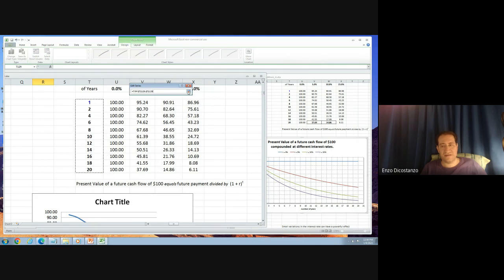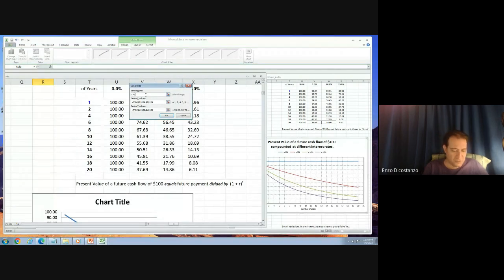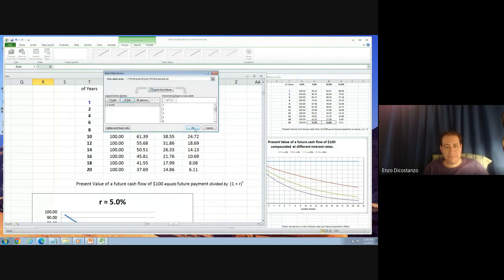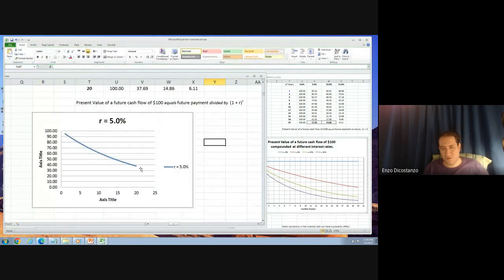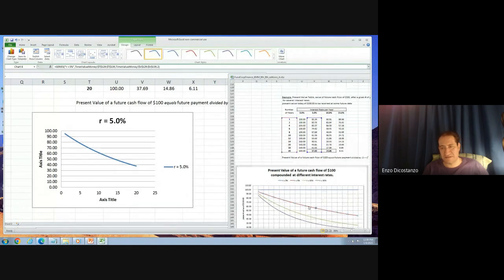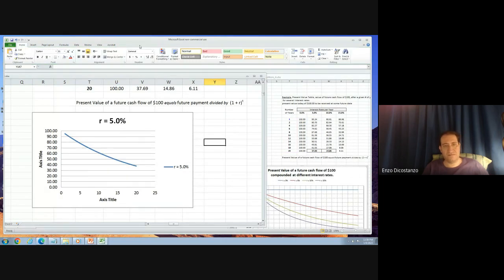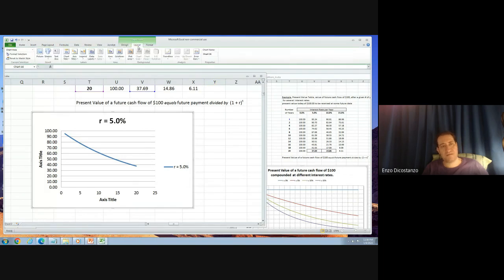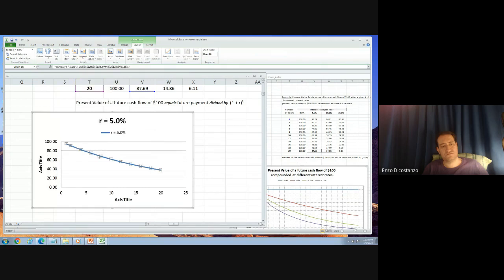X is there, and this is R equals 5.0%, right? Yeah, a little more. And what did these guys do with this? That's their red one.